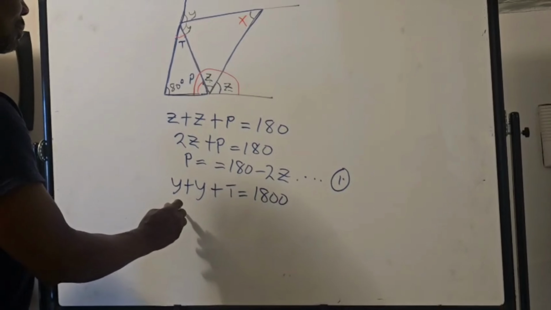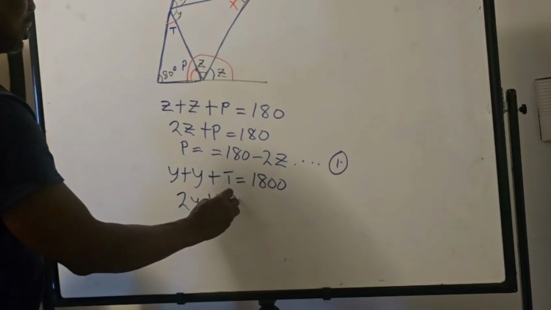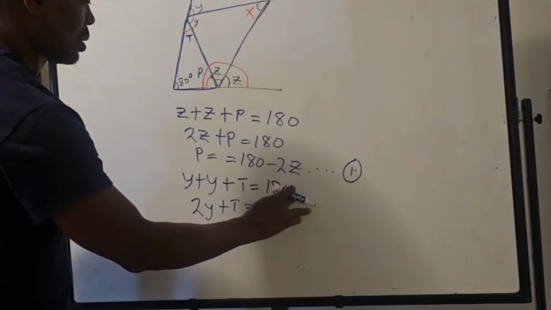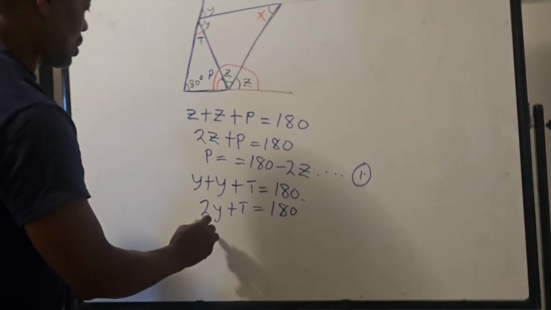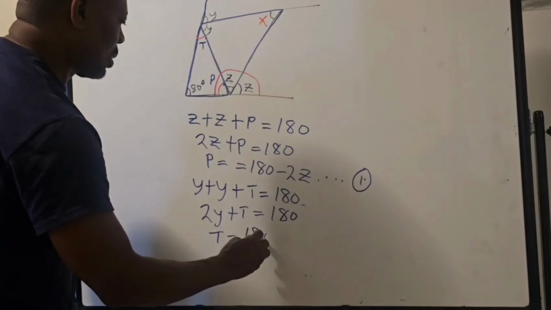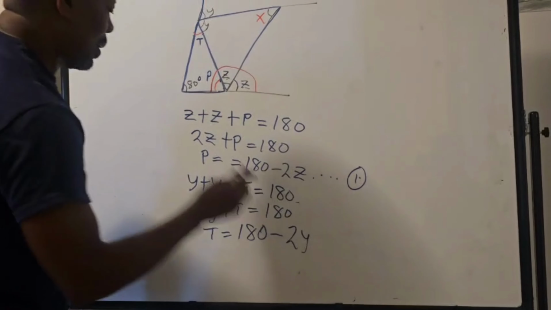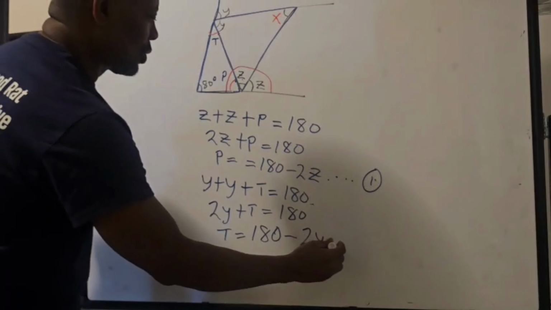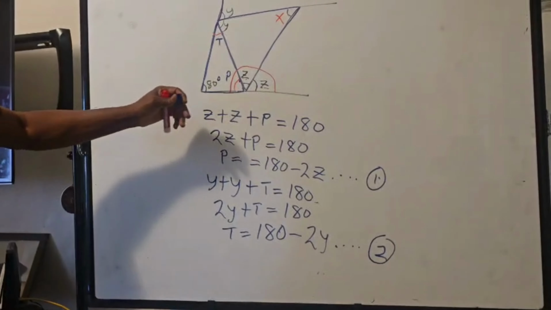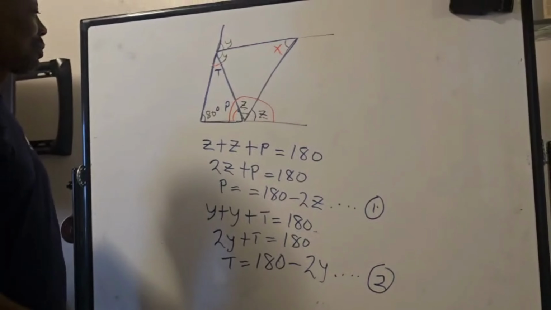Then 2Y plus T is 180. T will be equal to 180 minus 2Y. You call this equation 2. So we've been able to find angles P and T.